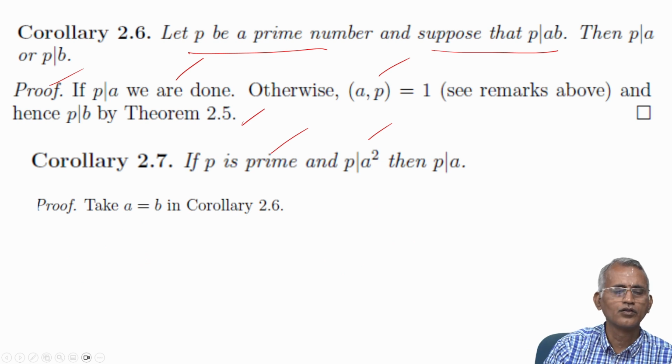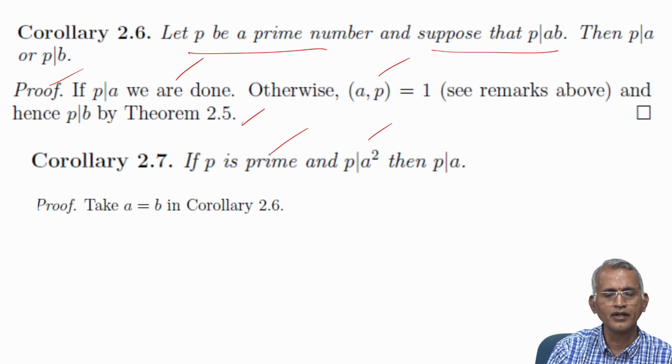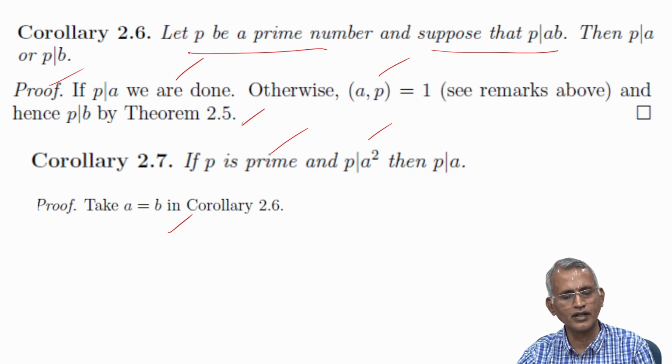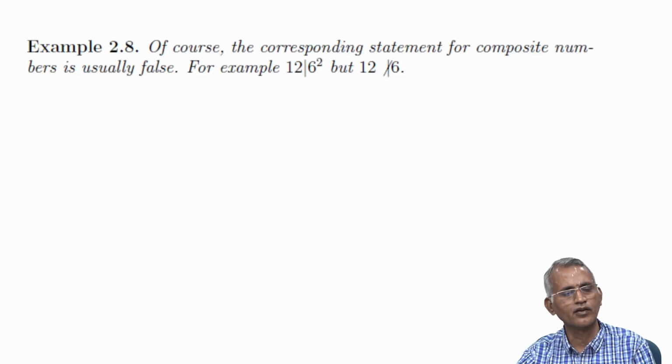Following up corollary 2.6, we can develop corollary 2.7. If p is prime and p divides a square, then p divides a. Take a equal to b and substitute in corollary 2.6, so that corollary 2.6 holds good.